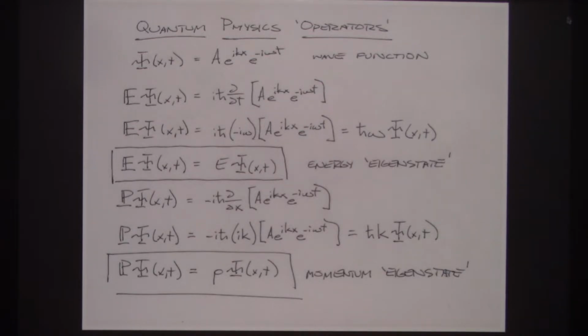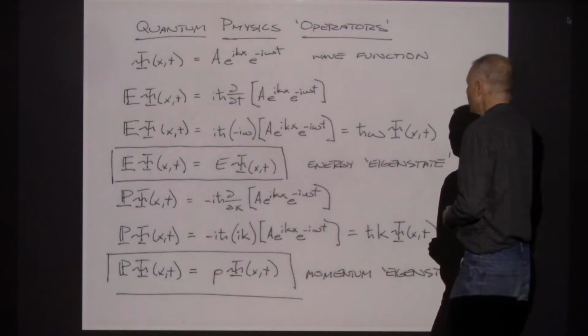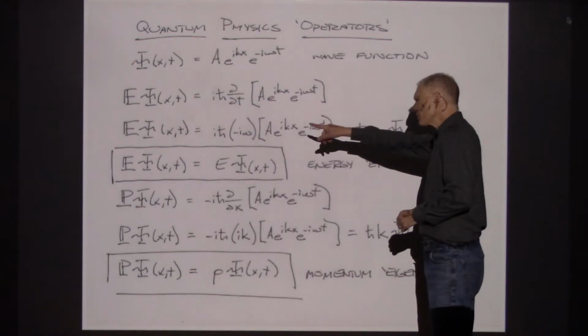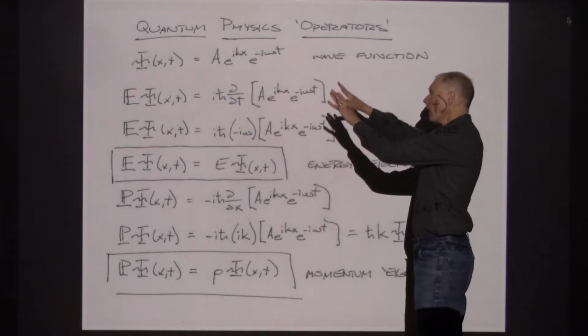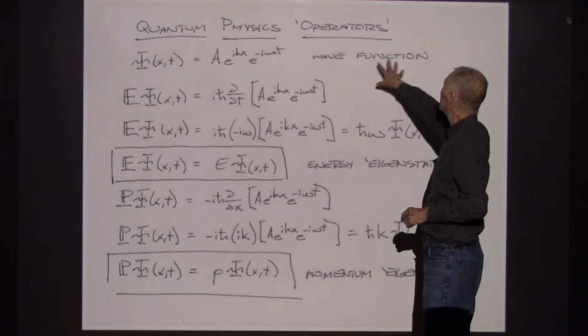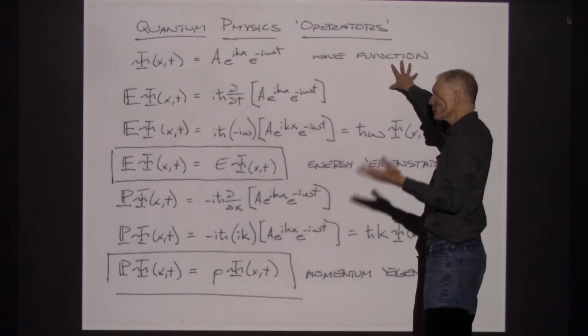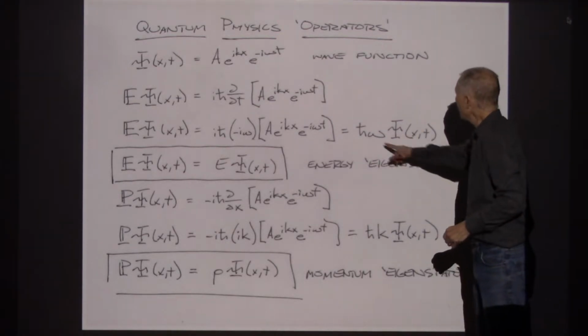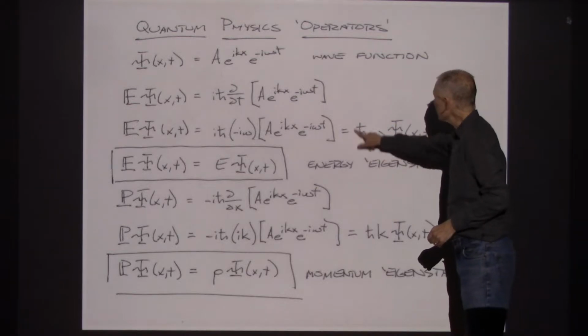Nature appears to make use of complex numbers because that's what we end up using in our formulas to represent what's going on. So when we take the energy operator and operate on this wave function that represents our electron or proton, we get a factor of h bar omega.